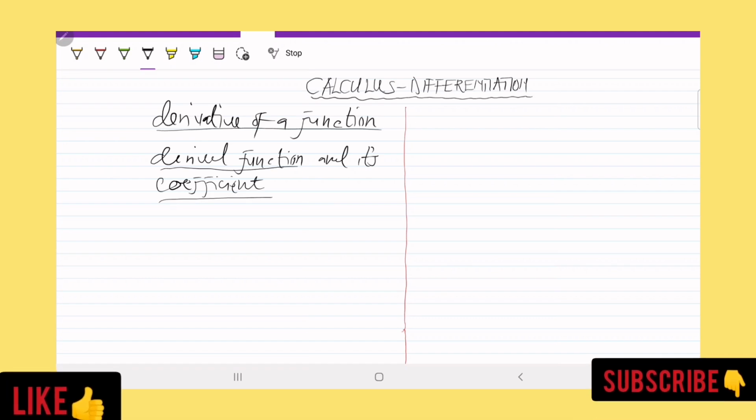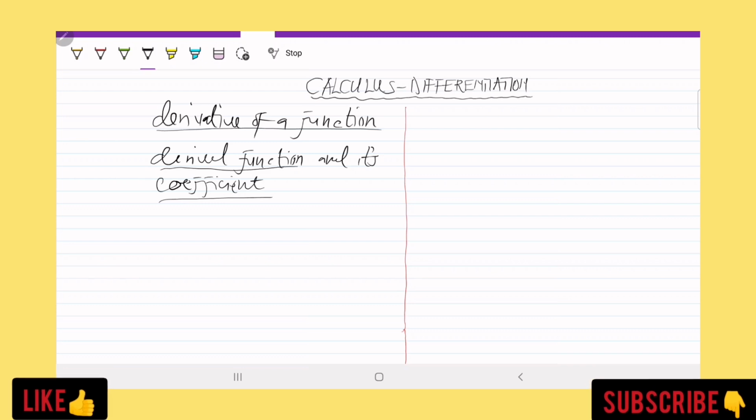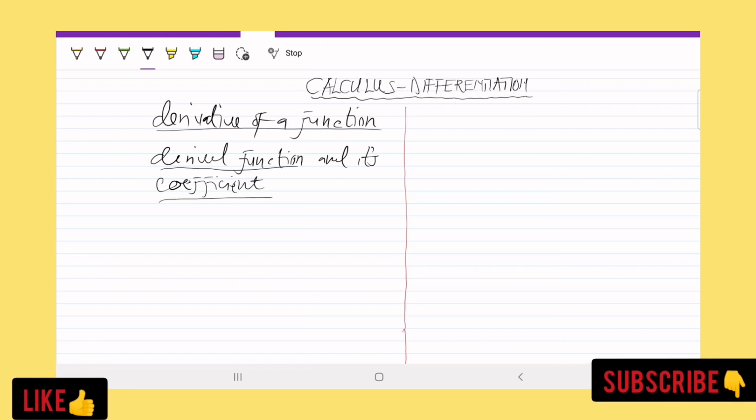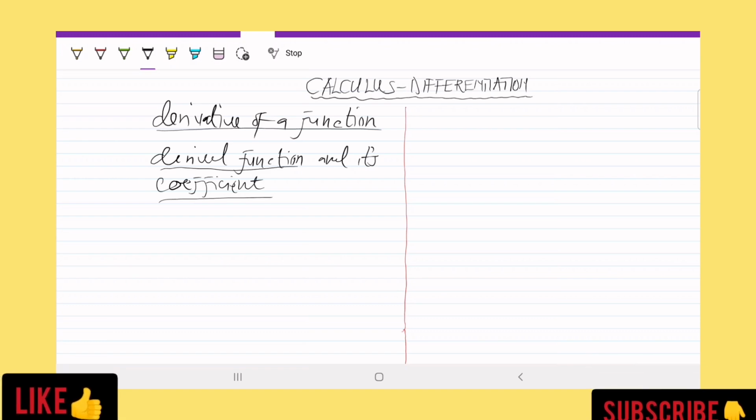So as we move along, you will understand why we have a derived function and a derived coefficient. That is generally the meaning of differentiation.